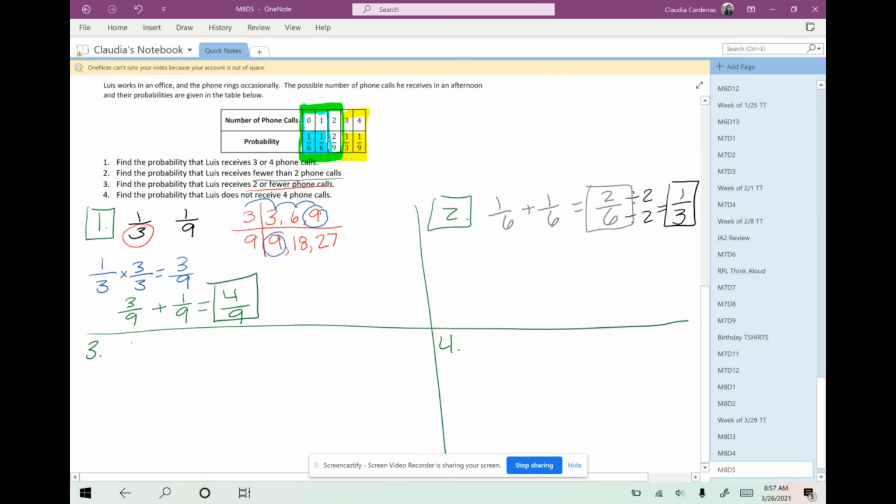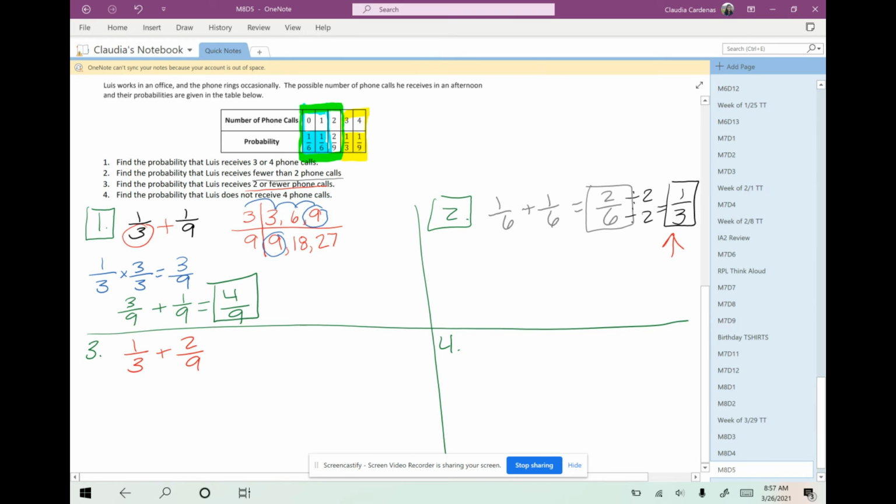So we already had 1/3 from the earlier part, right? That's the fewer than 2 phone calls, a probability of 1/3. And now we need to add 2/9. Let me put my addition so we know that's what we're doing to combine them. Do these have common denominators? They do not.